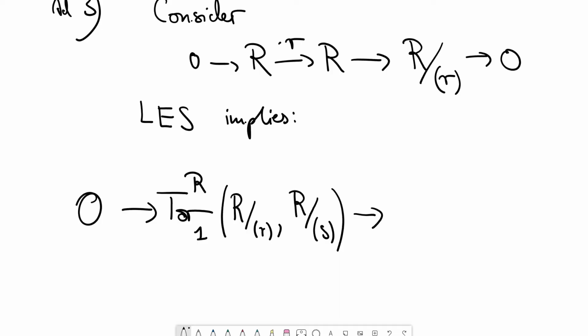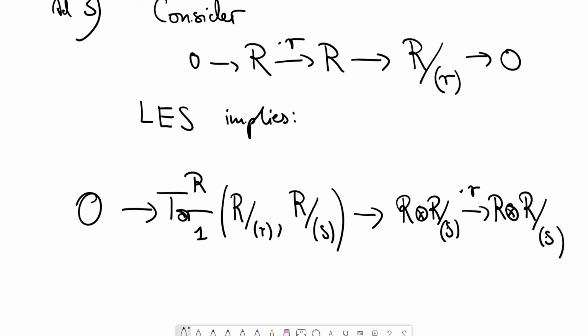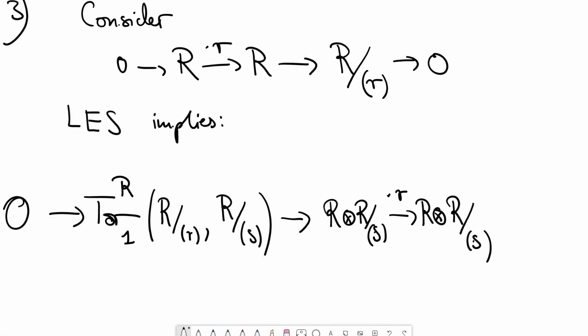And then you have Tor 0, which is just the tensor product we're looking at. And finally, we have this. And there's a 0 here.